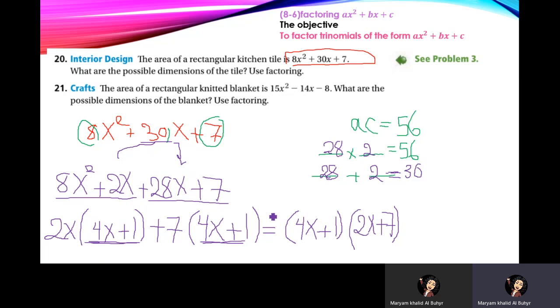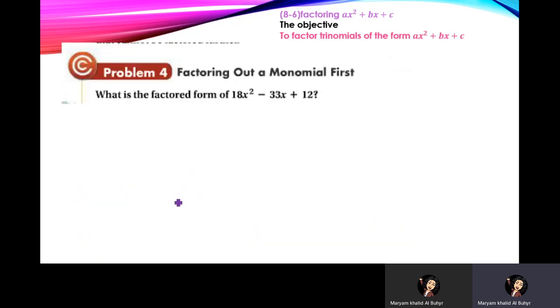So let's move to the last part in this lesson. Sometimes, instead of having big numbers, once you multiply this 18 and the 12 to find AC, you will find a very big number. But before you do this step, you will notice a common factor in all of them.